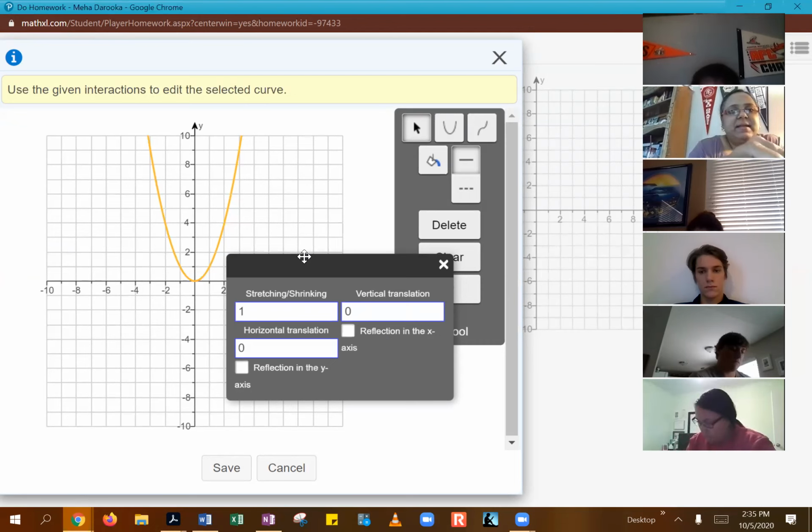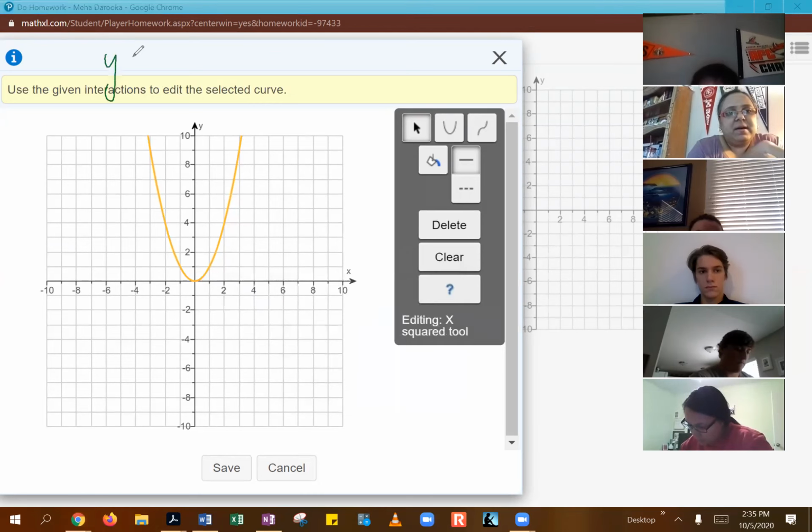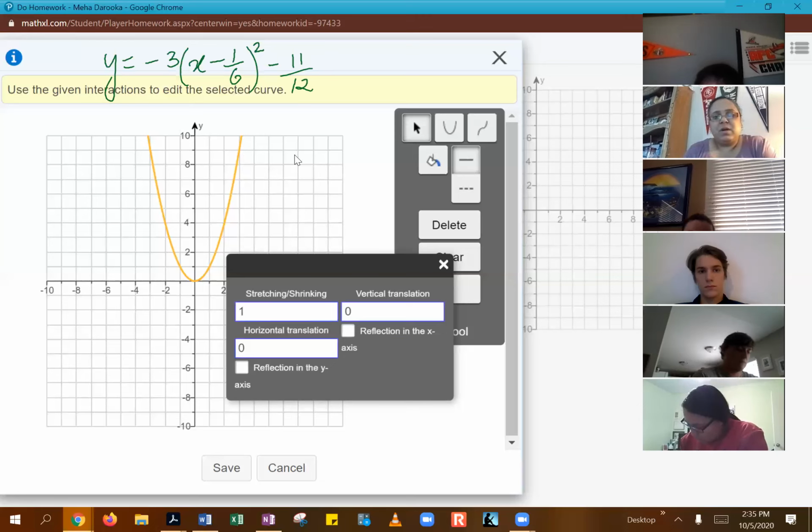So basically, our equation was y equals -3 times x minus 1/6 to the second power minus 11/12. So what do you think we should put in this stretching, shrinking box? Yeah, very nice, Abdul Aziz.